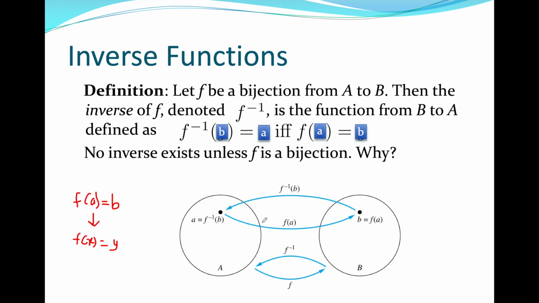So in this case, if you see here, this is the set A, this is the set B, and the small a here is an element of set A, and the small b here is an element of set B. Now you have this element a, and the function f is used to map a to b.